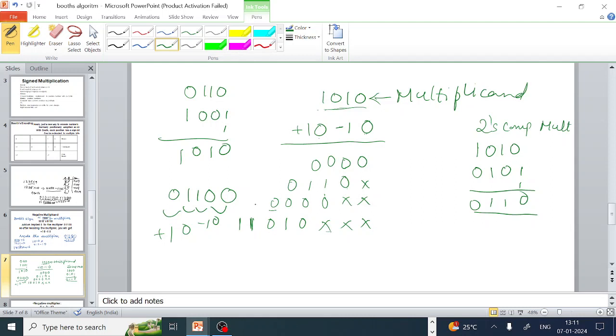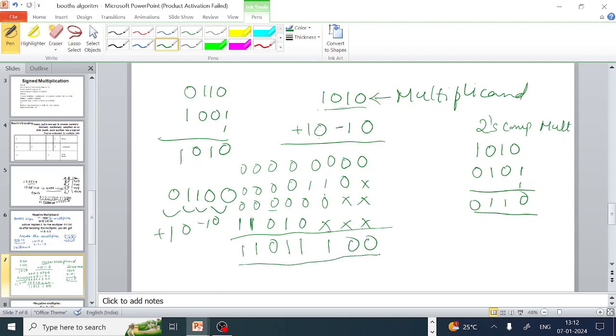Here your MSB is 0, so I will extend by 0. Here also it is 0. Now finally add all this: 0, 0, 1, 1, 1, 0, 1, 1.